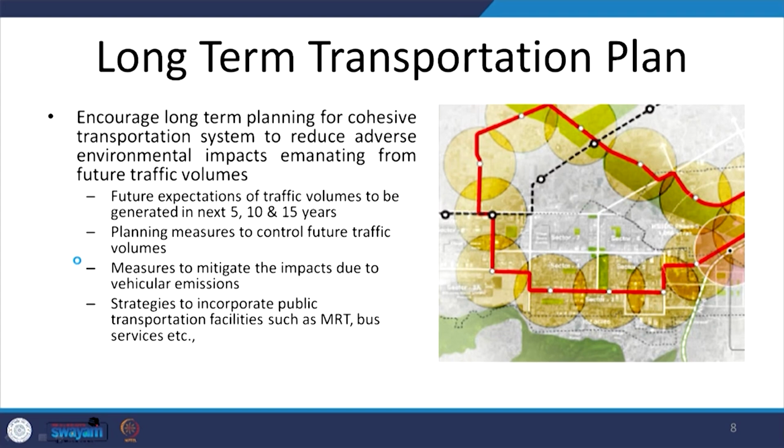For example, if there is a bus terminus, where should the entry and exits be provided? Also, where should the entry and exits be provided so that there is no traffic jam happening on the main roads which are surrounding the site. So, all that has to be developed with a long term vision in mind. The transportation plan has to be developed for a longer duration.